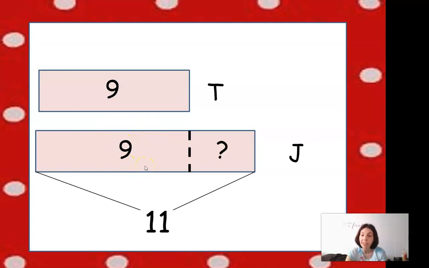But Julio's rectangle needs to be a little bit longer because he found more seashells. So this is how many more he found. See how it's longer? So he found some more seashells, and this is where they go. And 9 and this number equals 11. 11 is the total, 9 is a part, and this one is a part.